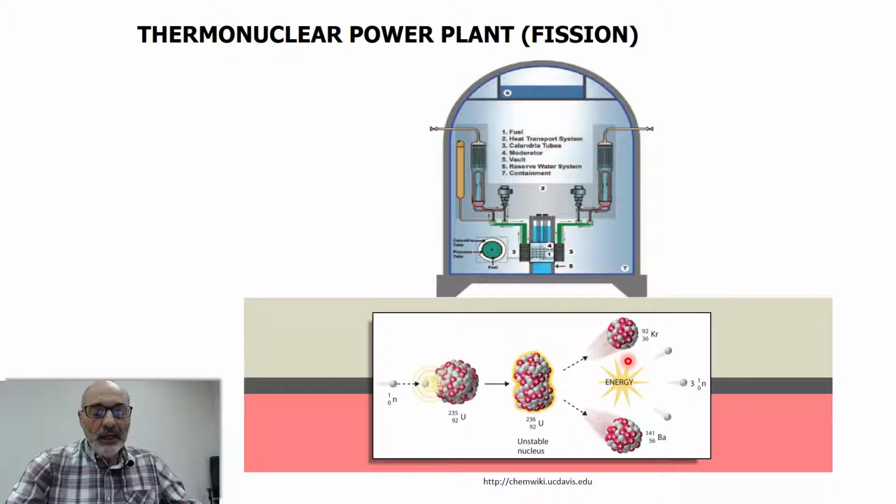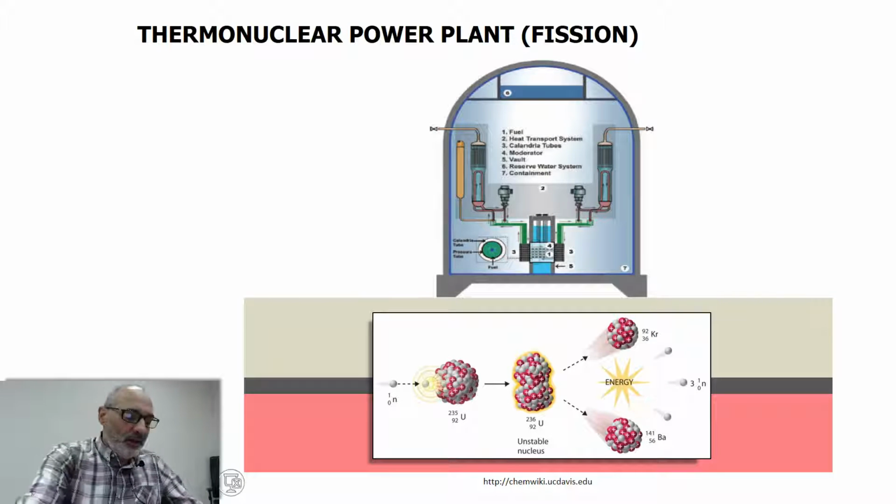If you make a mass balance here, adding all masses from these two products and also the masses of these neutrons that are emitted, you see that the mass on the right-hand side of the equation is a little bit smaller than the mass on the left side. So the difference in mass is related to the amount of energy that is released. And this we have seen, I think, in our first class.